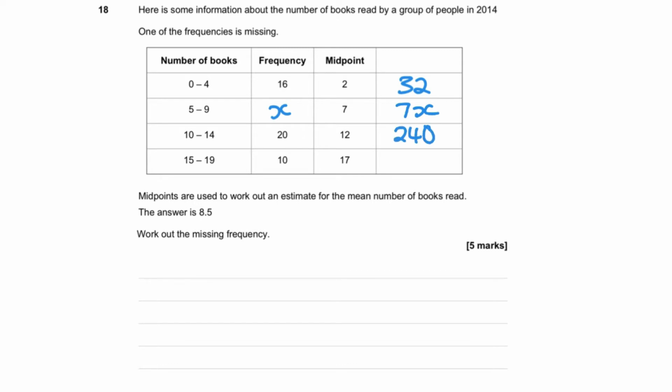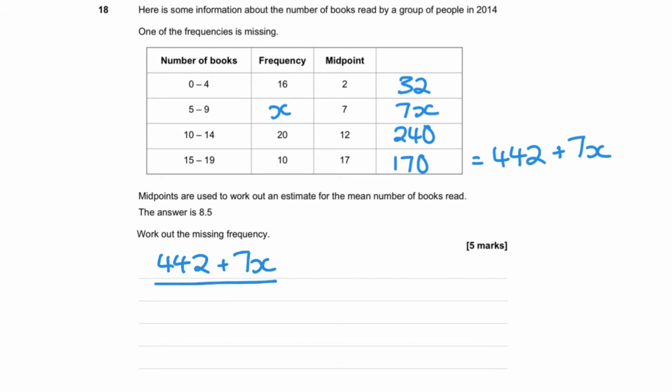And 10 times 17 is 170. If we add those all up together, that gives us 442 plus 7x.